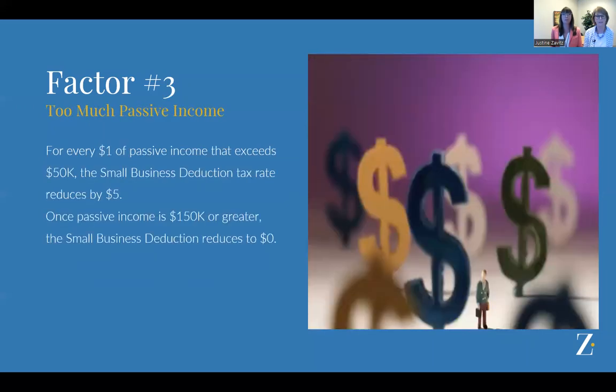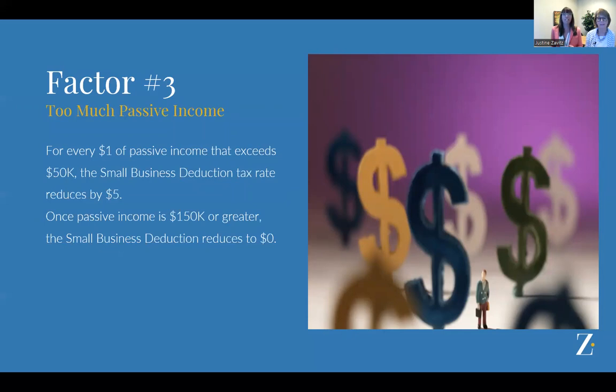And then factor number three is passive income. Passive income is investment income, or income that is being earned inside the corporation, not from your active business practice. Investment income tends to be the primary source of this.